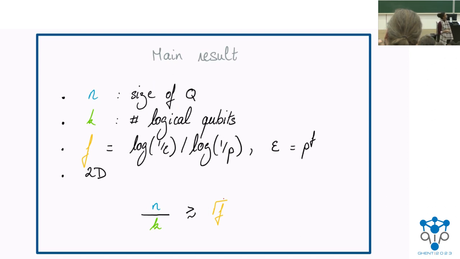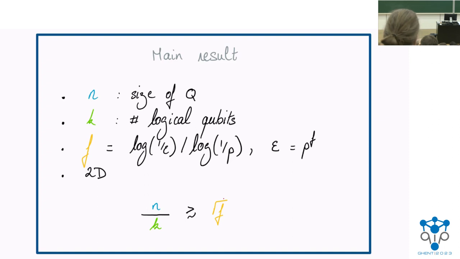Our main result for the 2D case can be stated in terms of a few parameters. You have n, the size of your quantum register, k, the number of logical qubits you can encode, and f, a quantity that quantifies how well your error is suppressed.